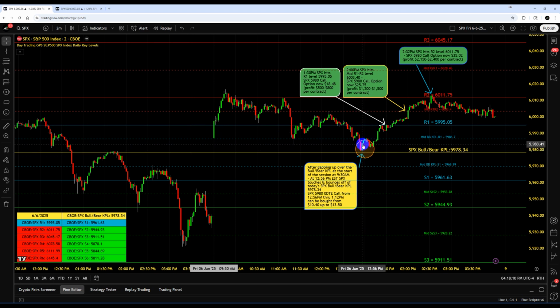If you took it at this close, or somewhere in this range, which is close to the mid BBKPL R1, you'd be looking for at least a move to the next midpoint, which would be mid R1, R2. So this would be your exit, either here or here, depending on where you bought, as the one level move up, closing out 100% of the contracts.